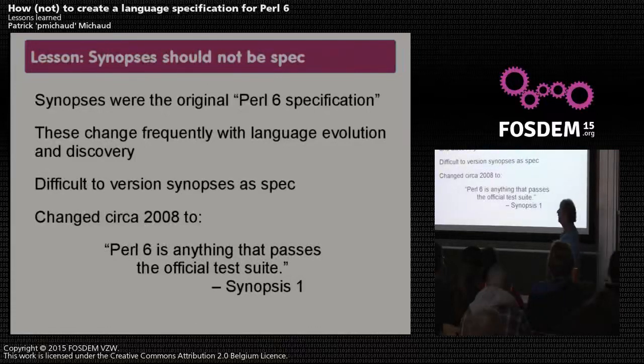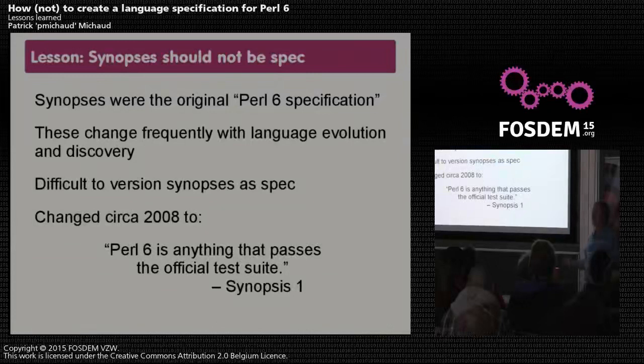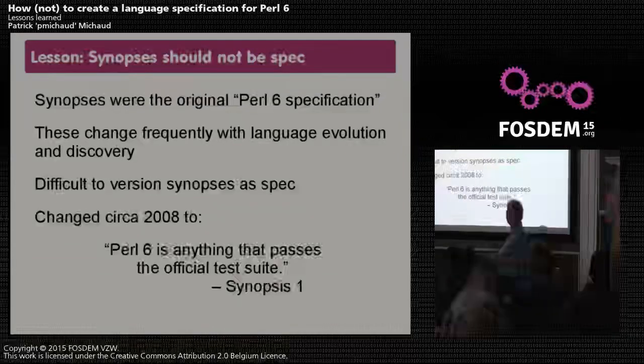It's difficult to work with the synopses, and worse, they change a lot. There's a reason for the synopses changing, and that is because they're not a prescriptive specification. They are a reflection of our current understanding of Perl 6, of what Perl 6 should be.